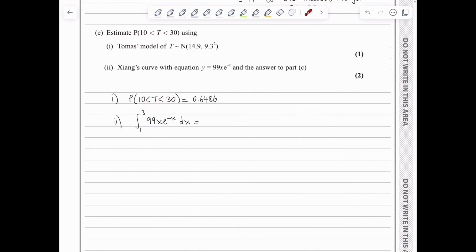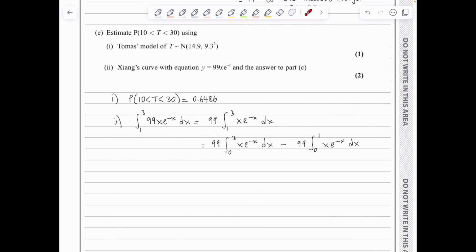I will take the 99 out, so 99, and the integral from 1 up to 3 of x e to the minus x dx. Remember, I need to use the answer to part C, and the answer to part C is involving an integral starting from 0 going up to n. So what I will do is I will write this as 99, the integral from 0 to 3 of x e to the minus x dx, minus 99, the integral from 0 to 1 of x e to the minus x dx.